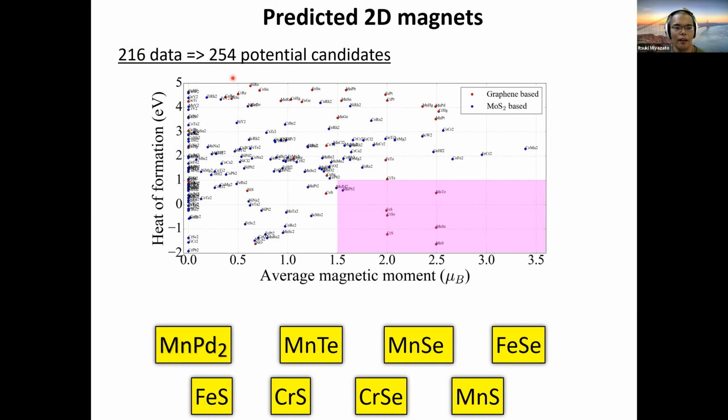So these 254 candidates are evaluated by first principles calculation, and materials with a higher magnetic moment and enough stability are picked. I mean, data science can predict something, but it doesn't consider the formation energy or some kind of thing.